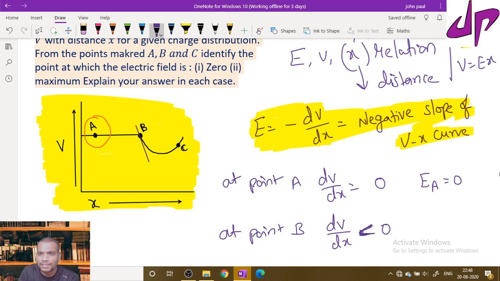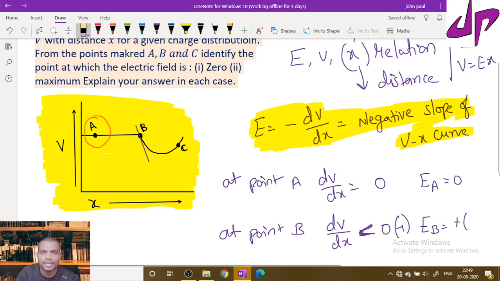So the electric field at point B is the negative of a negative slope. If this value is negative, say less than 0 or minus 1, the electric field becomes positive.